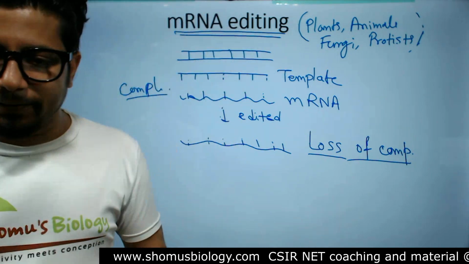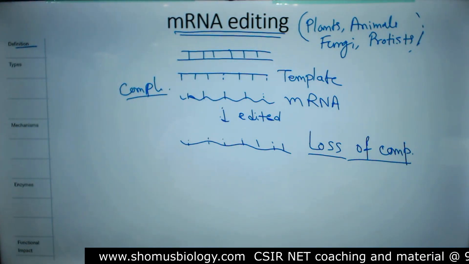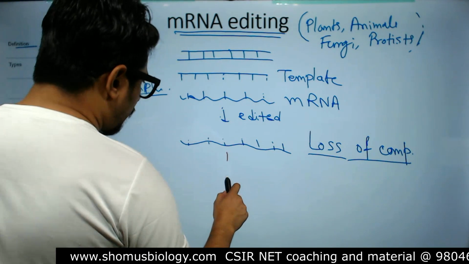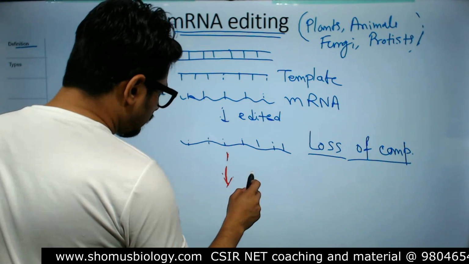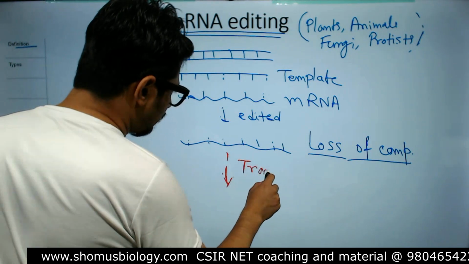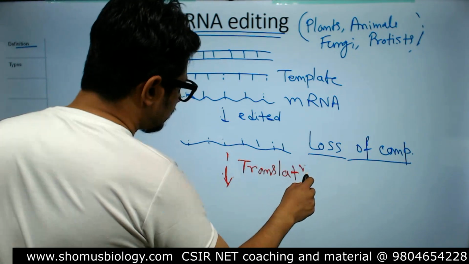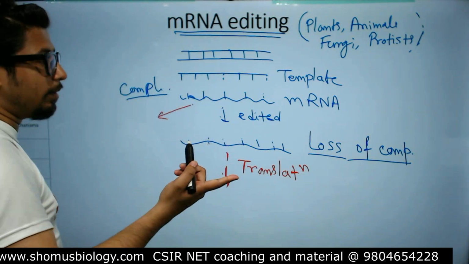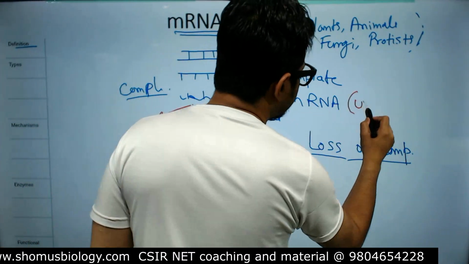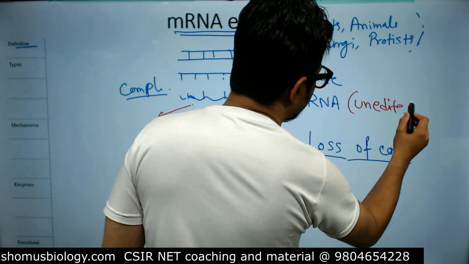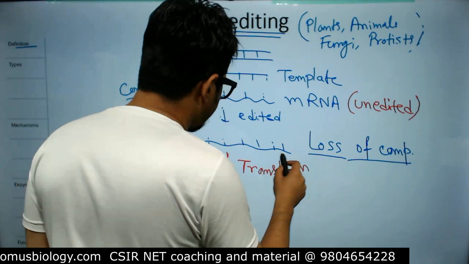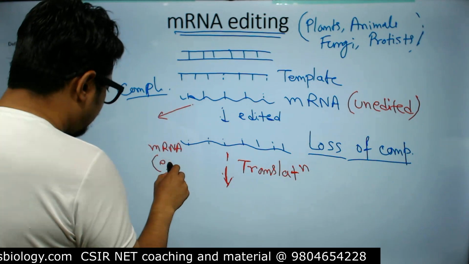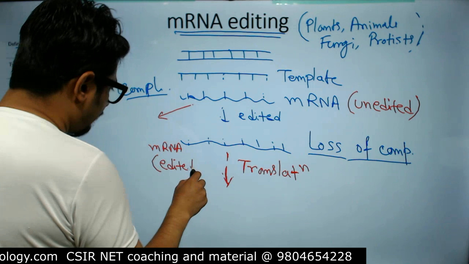I'll take a different color, red. In the process of translation, or protein synthesis, the unedited form of the mRNA produces a protein, let's say X. This is the unedited form of the RNA, and this is also mRNA, but this is the edited form of the mRNA.